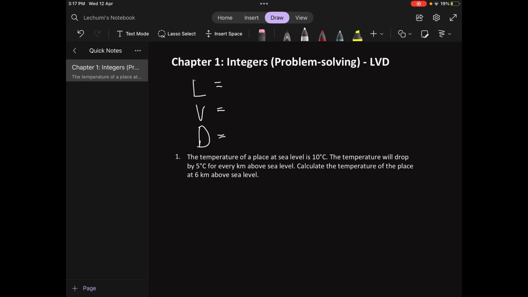L stands for list out. V stands for visualize, if possible. The second step is optional, visualize. And D is do it. As we go through the questions, you will understand what I'm trying to say here.